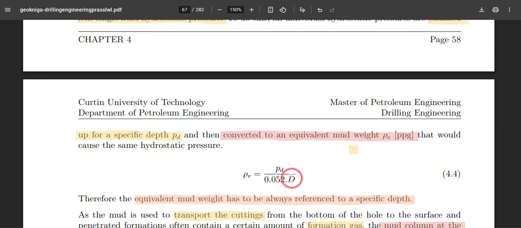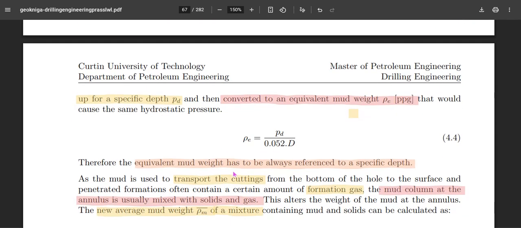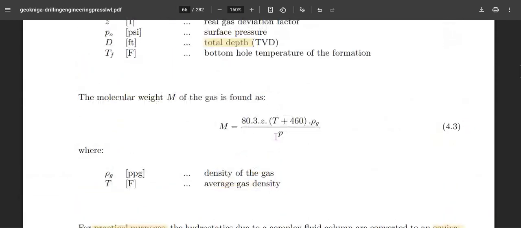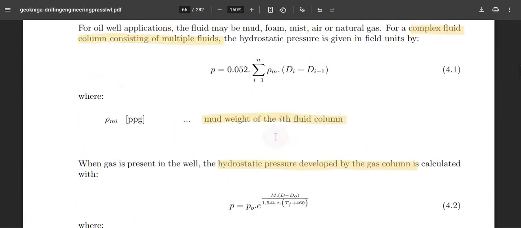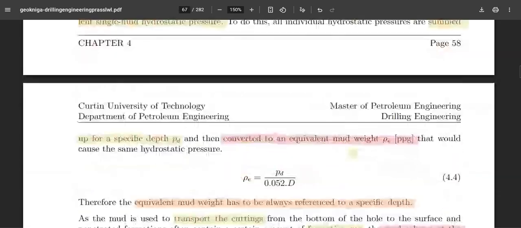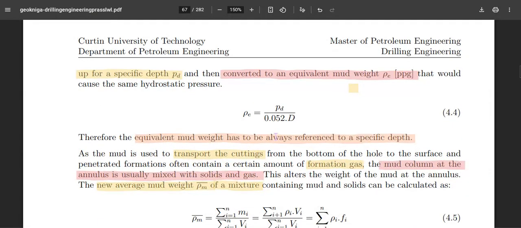It is related to the pressure at a particular depth, and it's also a formula based on unit conversions and dimensional analysis. This equivalent mud weight is always referenced to a particular depth d, based on the pressure at that depth, which again is computed through the concept of 4.1. So we have the concept of equivalent mud weight.